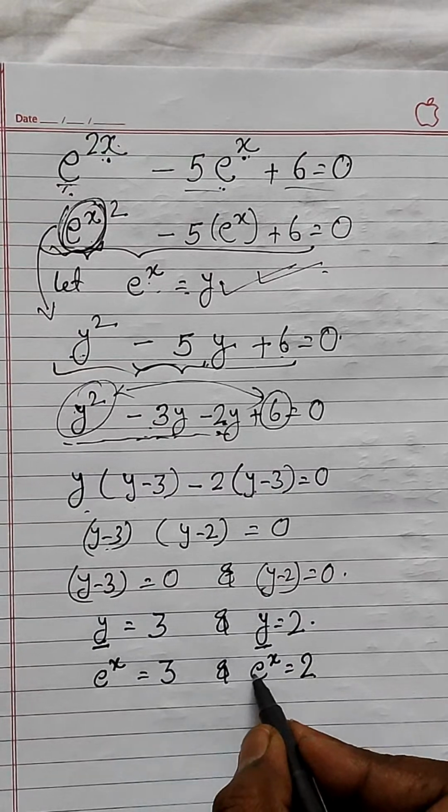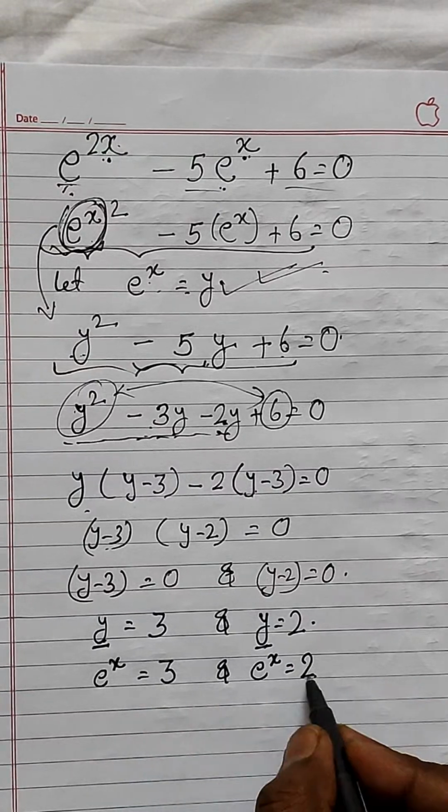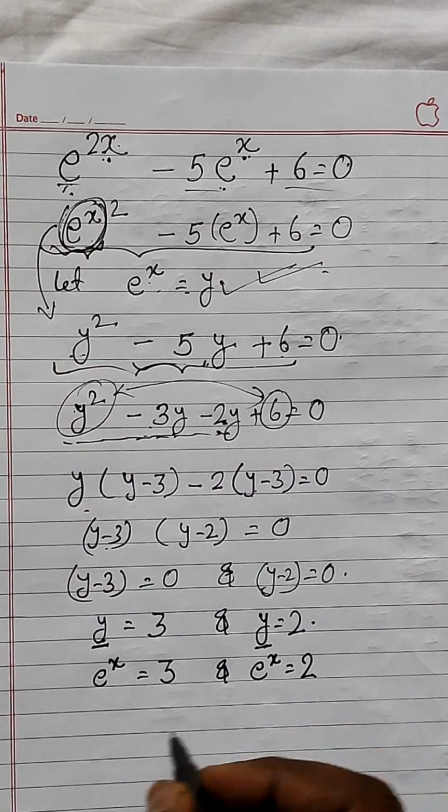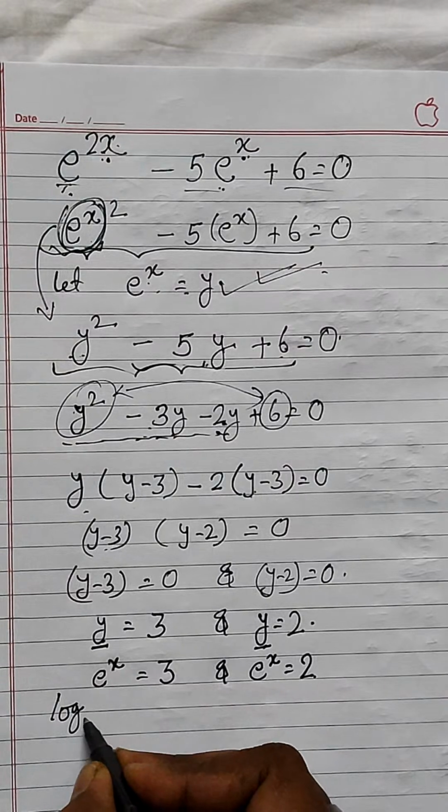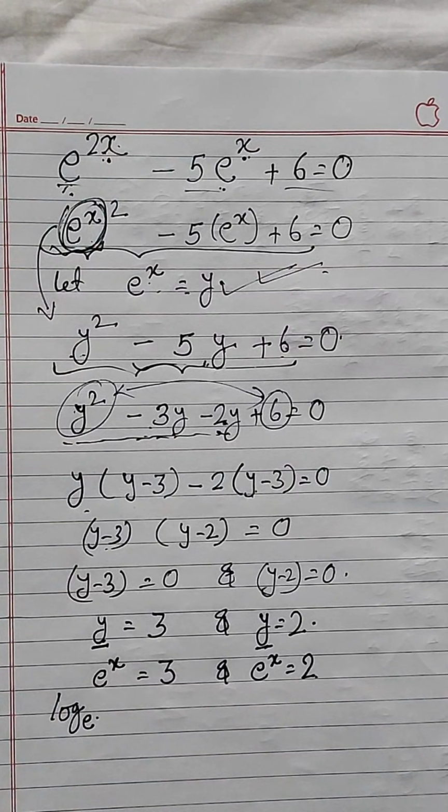Now you just take ln on both these sides, right? What is ln? You know, ln is the logarithm with base e, right?